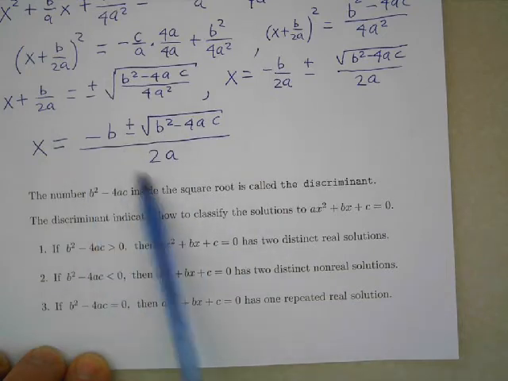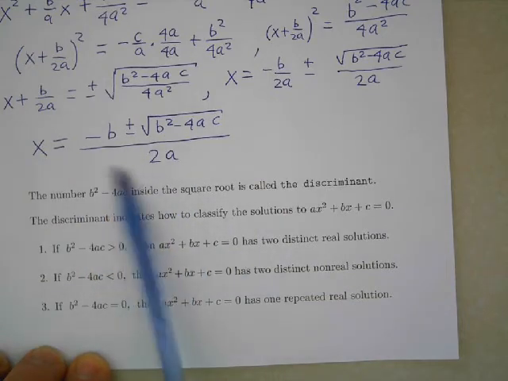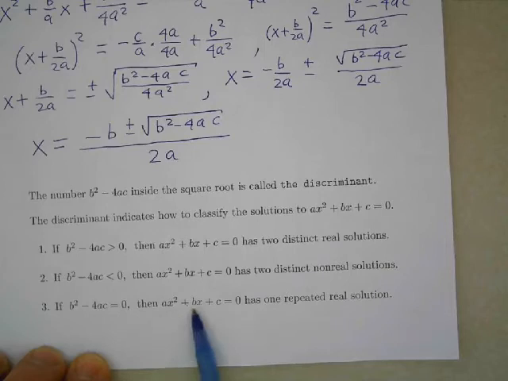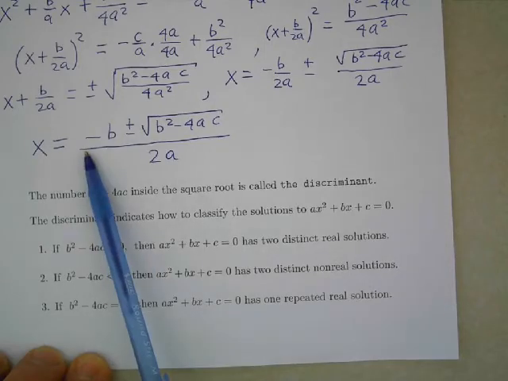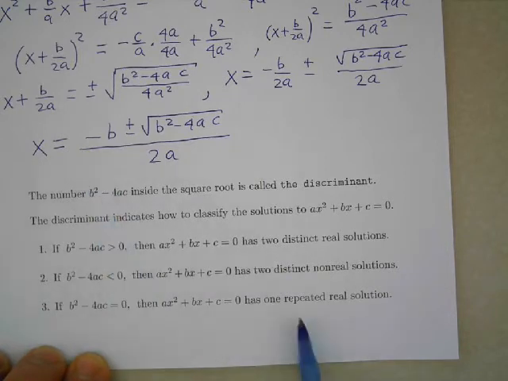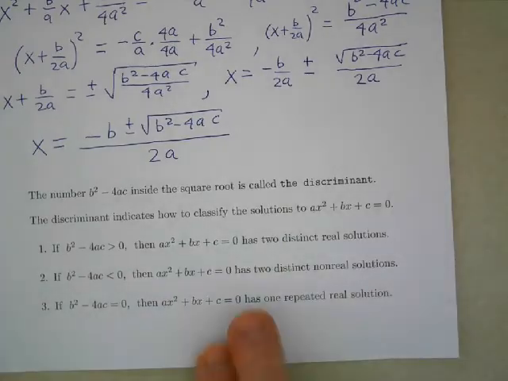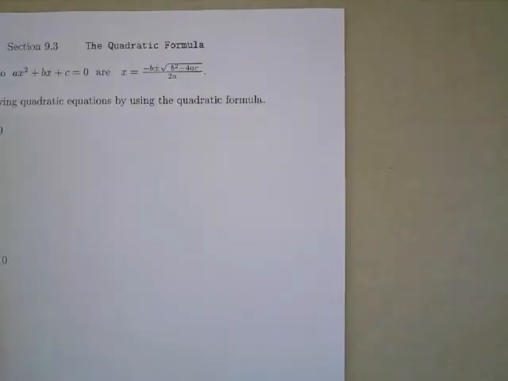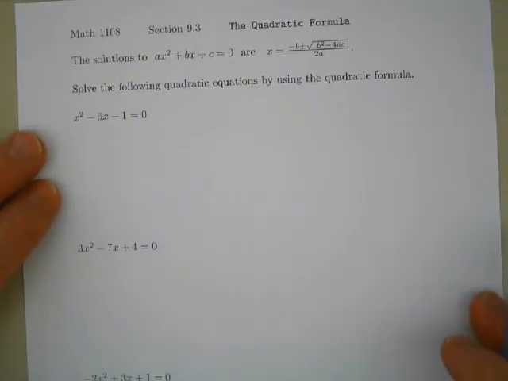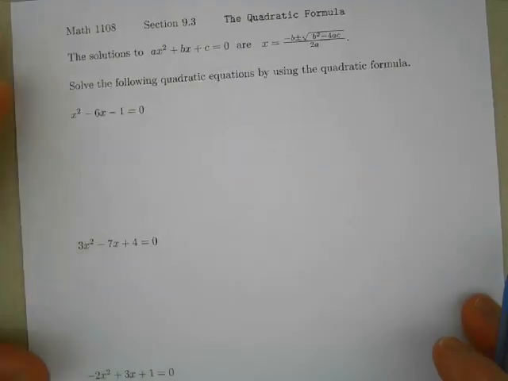So you can tell by analysis that when the discriminant is 0, the quadratic equation has 1 solution, but we say that it's a repeated solution. Okay, now we'll apply the quadratic formula to a number of quadratic equations, and we'll solve them by using the quadratic formula.